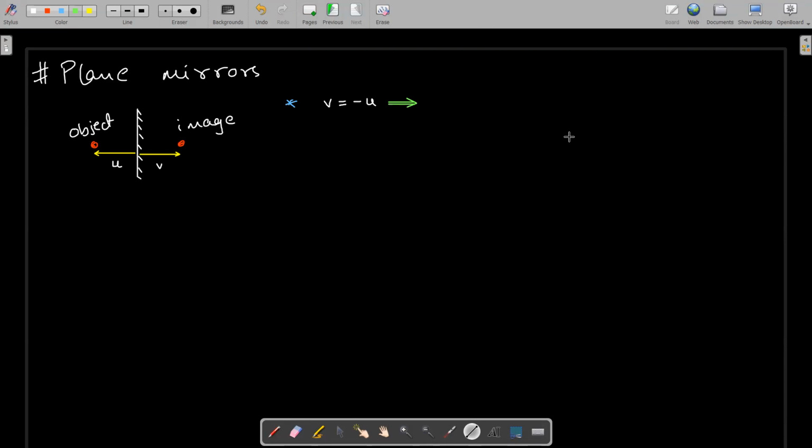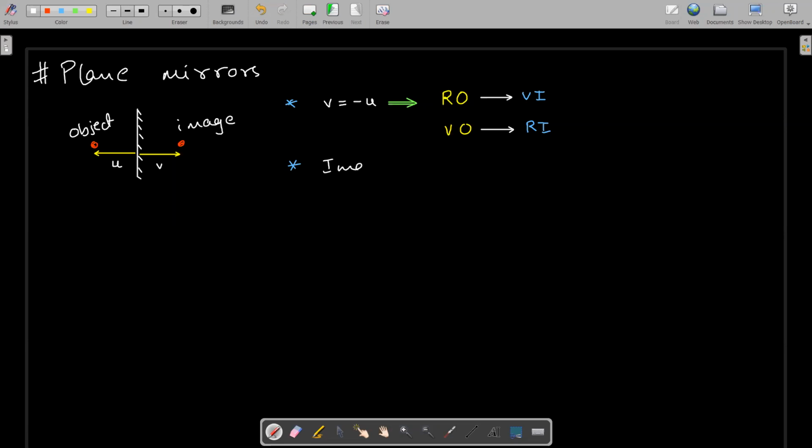It will be on the opposite side of the mirror. Object and image cannot be on the same side, they will always be on opposite sides. A real object will form a virtual image, and a virtual object will form a real image. Is that clear?